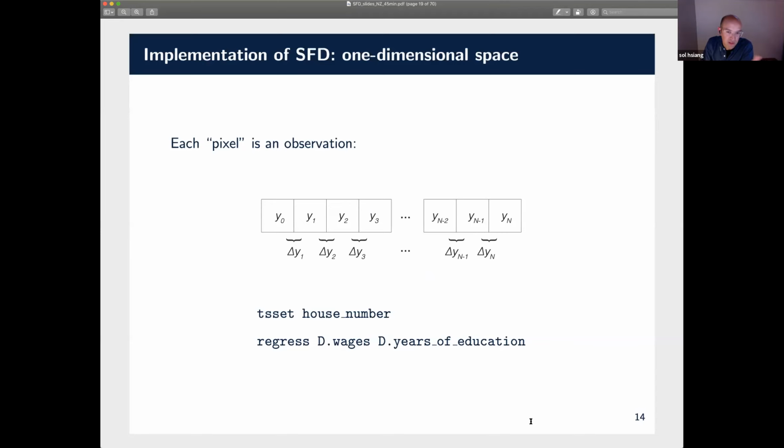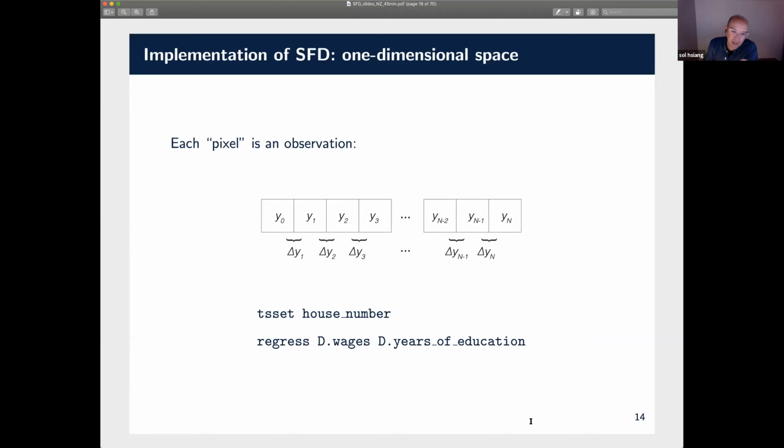But just to solidify what the estimator actually is, think about a sequence of observations in space. This is a one-dimensional context, like the houses on the street I was talking about. You take your data, you difference the observations between each observation and its neighbor, and then you just run the regression. So in this context, it's quite easy. And what's nice is that, like I said before, you can just use standard time series operators.